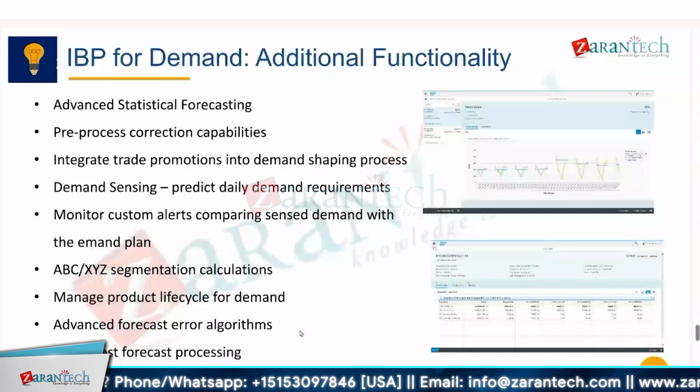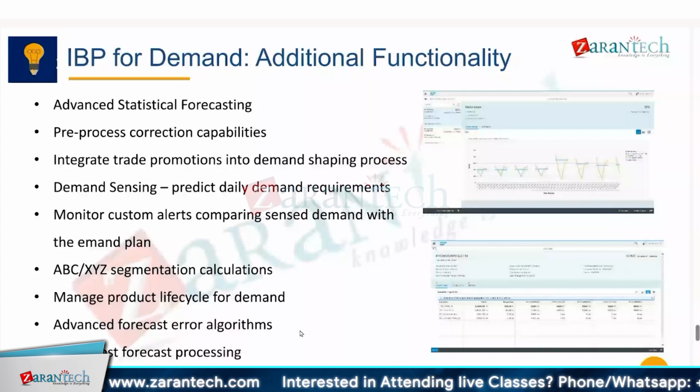This is the functionality which gives you alerts that something is going wrong, so we have to fix something in the process so that the output is fixed. That is called pre-process correction capability. You have to do the correction in the process before it actually gets triggered.